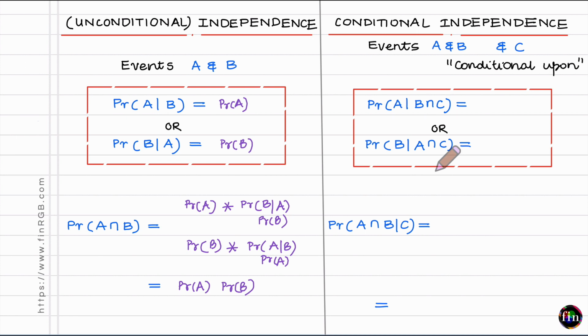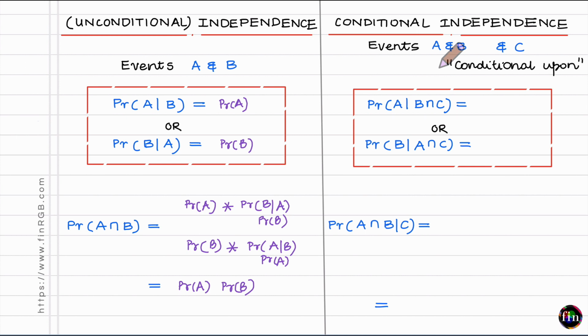Now, let's move on to the focus of this video, and that is conditional independence. If I'm talking about conditional independence, it has to be conditional upon something. For that purpose, let me introduce another event, event C. I am retaining the two events A and B, and I am introducing another event C. Let's start by very quickly stating the verbal definition of conditional independence.